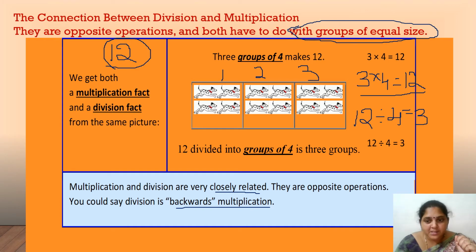I hope you have understood the concept. A number can have two facts, a multiplication fact and a division fact. Here we have taken 12. 12 can be written as 3 into 4 is equal to 12, or you can group them as 12 divided by 4 is equal to 3 groups.